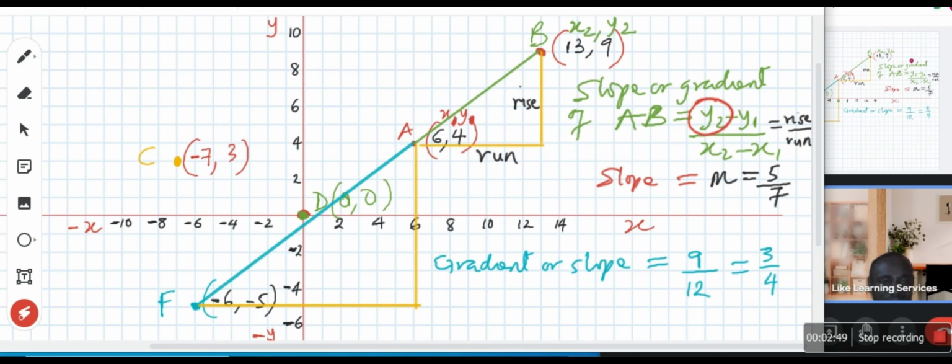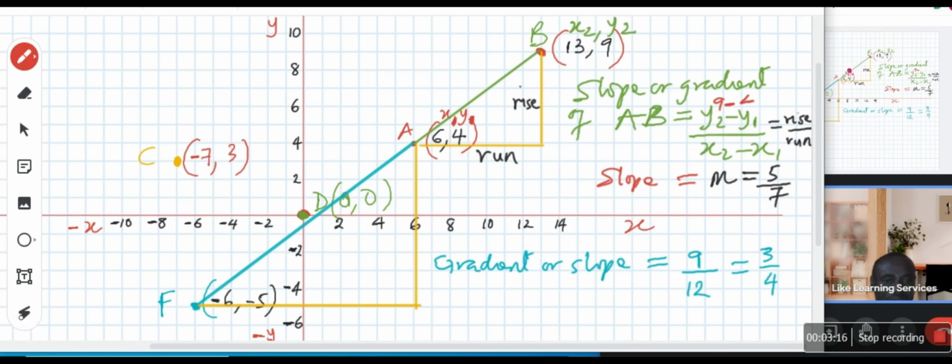Like in this case, this y2, what would you have written here? For y2? No, see what is y2. See the one that represents y2. 9. So I would have written 9 there. So you get the same answer. You see 9 minus. For y1, what would you have written? 4, yeah, exactly.